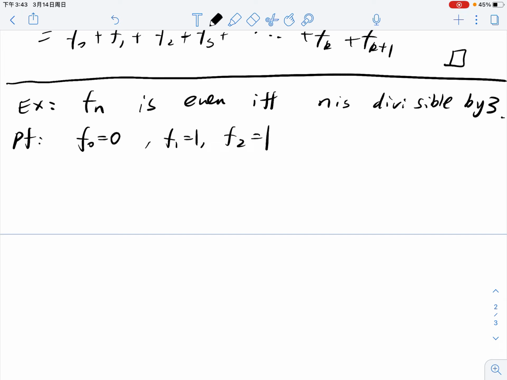F0 is 0, F1 is 1, F2 is 1, and then F3 is 2, F4 is 3, F5 is 5, and so on. And you will see, at least for the first few terms, this is true.